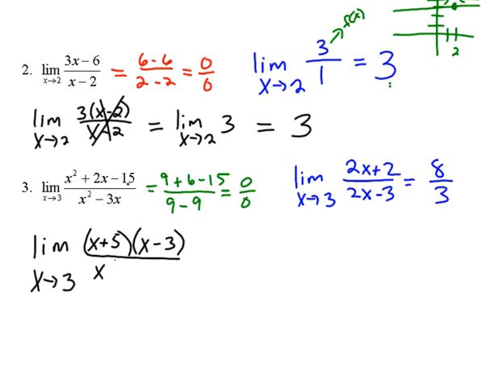So I have an x and an x minus 3. And now you can see the x minus 3's take each other out. And this is equivalent to looking at the limit as x approaches 3 of x plus 5 over x. And as you plug the 3 in, you end up with 8 over 3. Same answer as we got before.